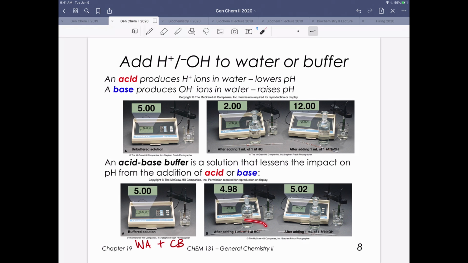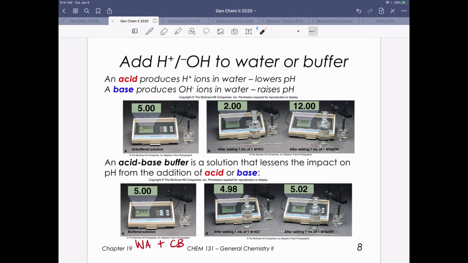So again, for example, if we're going to add HCl to solution, we're going to be adding H+ ions. Those H+ ions can do chemistry with our conjugate base. What that's going to allow to happen is we are going to eliminate H+ ions in solution, and so the change that we have on pH is very minimal.